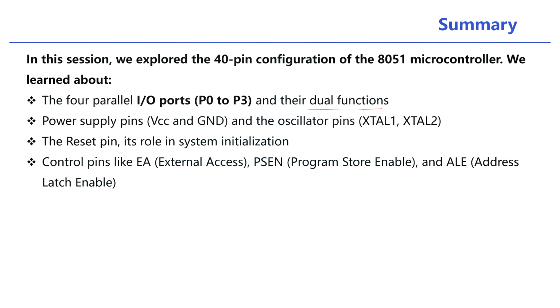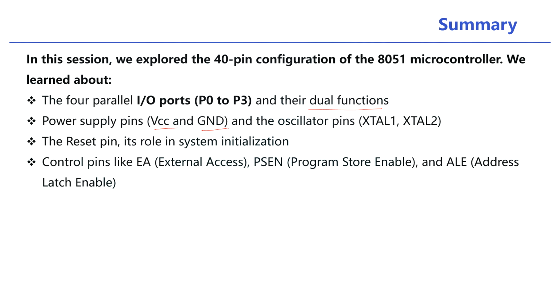Port 0 has the time division multiplexed address and data bus, port 2 is used for higher order address bus generation, and port 3 has alternate functions. We also explored VCC and ground.